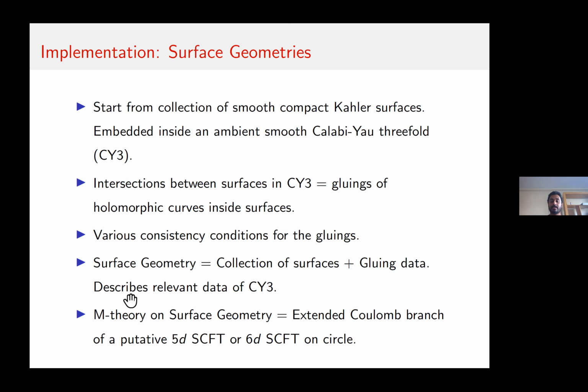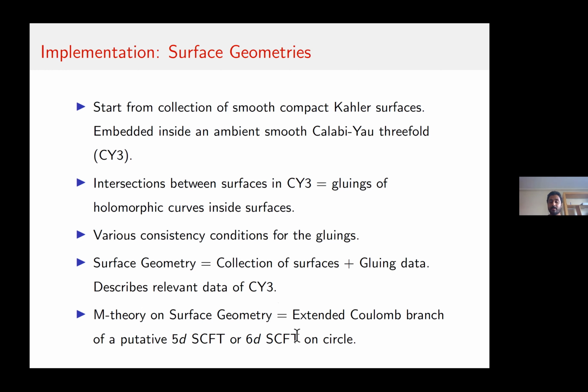This describes some relevant data about the Calabi-Yau threefold, which will be relevant for studying 5-dimensional and 6-dimensional theories in this talk. And the connection to this 5D and 6D physics is made by compactifying M theory on this Calabi-Yau threefold that the surface geometry is describing. So M theory compactified on the surface geometry constructs the extended Coulomb branch of some putative 5D SCFT or a 6D SCFT compactified on a circle.